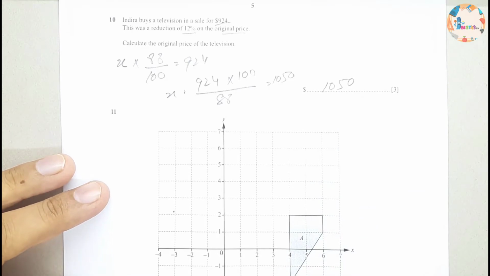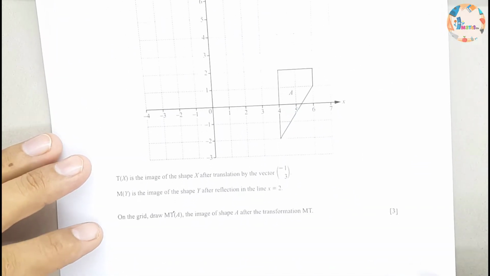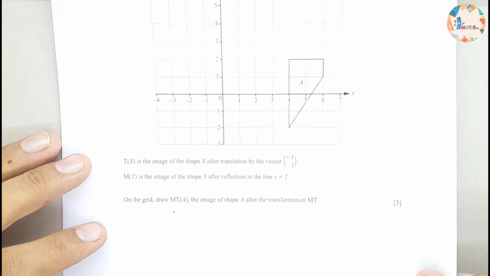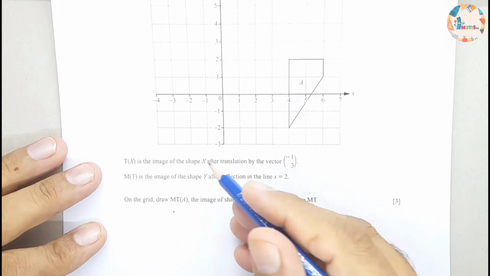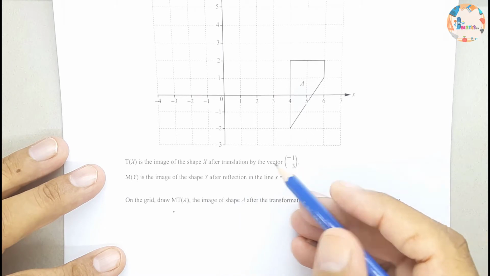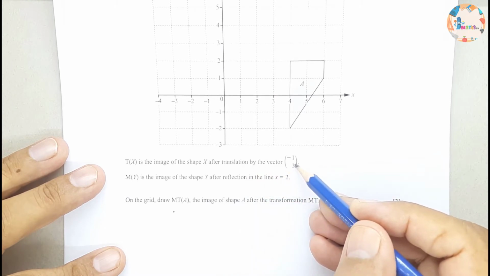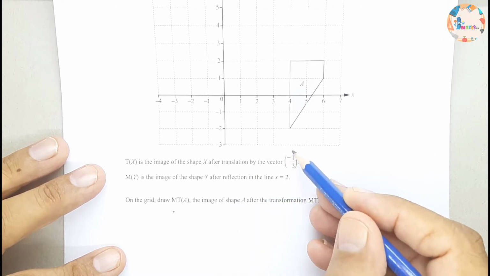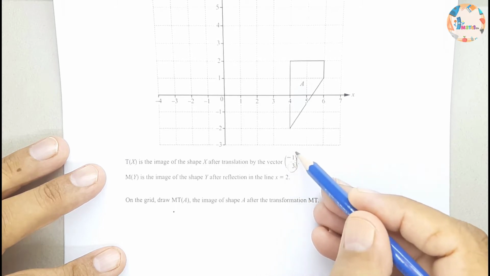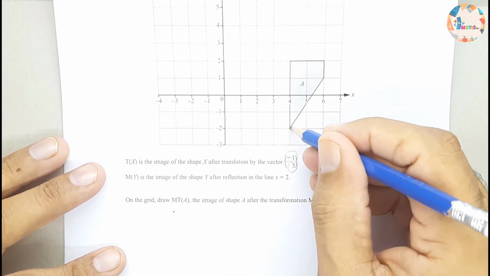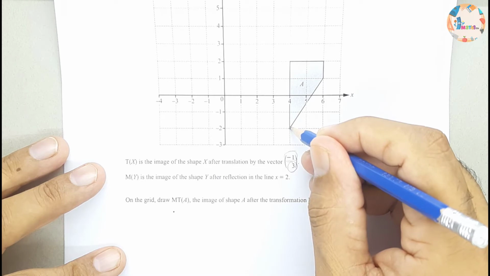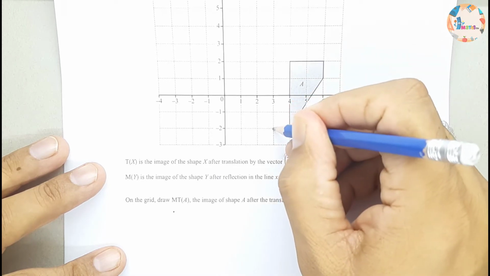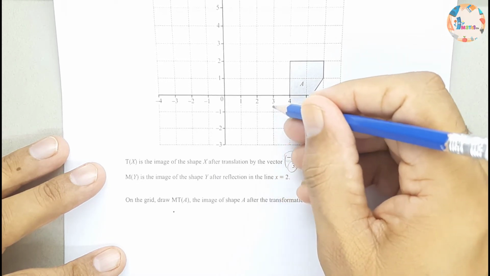Question number 11, a transformation question. T is the image of the shape after translation by the vector (-1, 3). -1 is the x value and 3 is the y value, so this will be left. If we consider this point, -1 means left 1 unit and 3 up, 1, 2, 3.